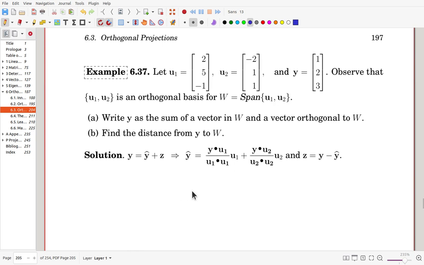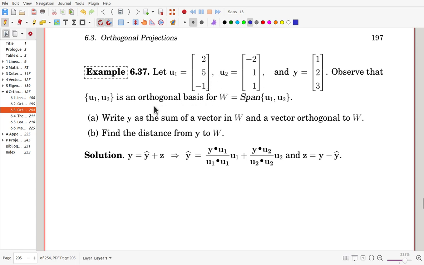Let's try to solve problems. u1, u2 are chosen from R3, and y is in R3 here, and u1, u2 are orthogonal. We can easily check that. It's minus 4 plus 5 minus 1, so their dot product is 0, so they are orthogonal.